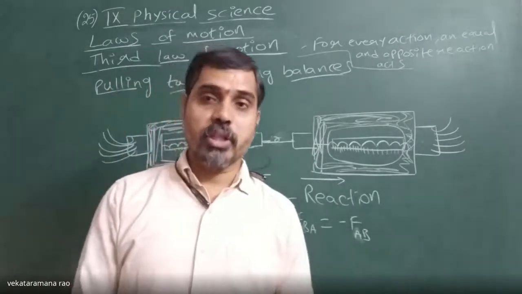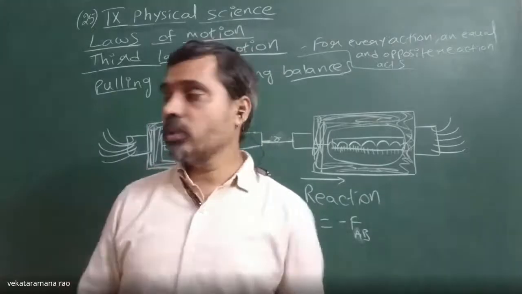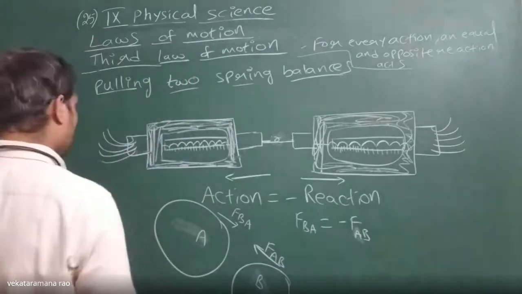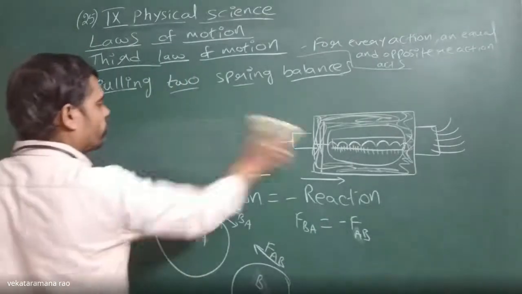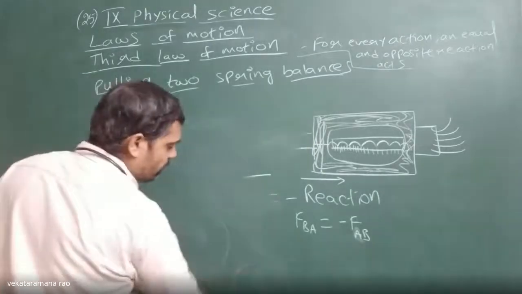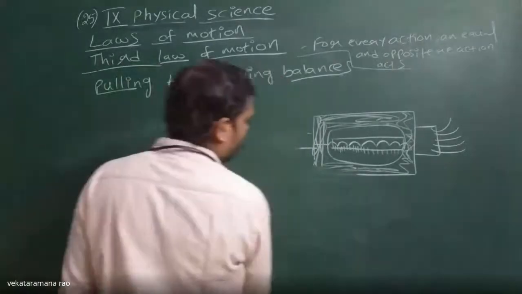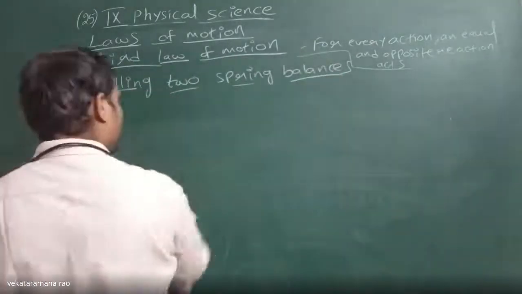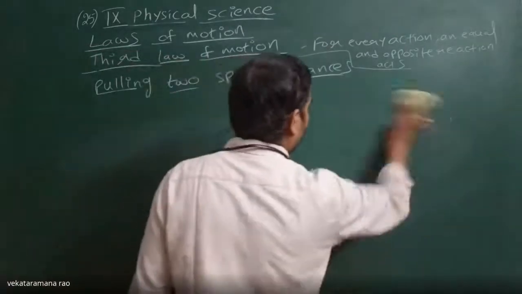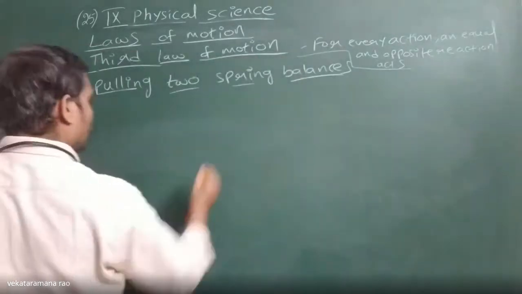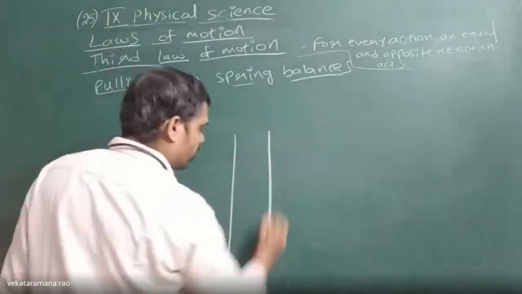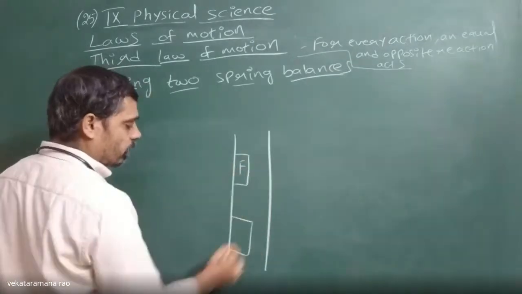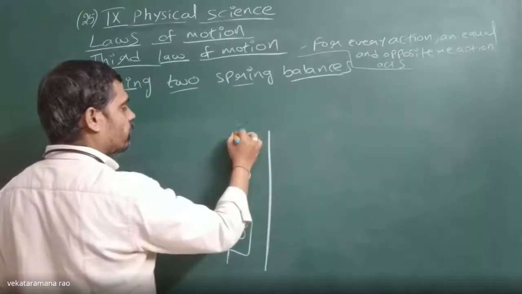Similarly, a rocket works on the principle of Newton's third law. What is a rocket? It is an aircraft used to carry satellites into space and to leave the satellites there. A rocket consists of two chambers, in which one chamber is filled with fuel and the other chamber is filled with oxygen for combustion of the fuel.